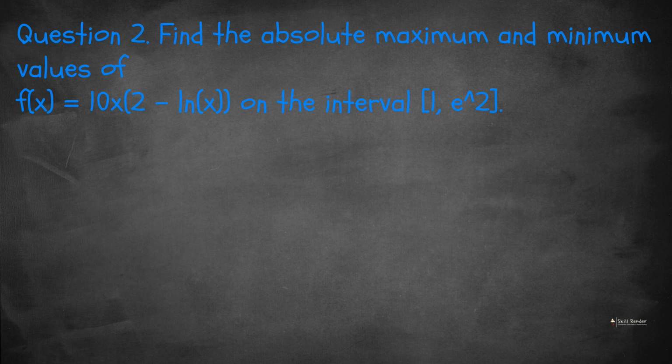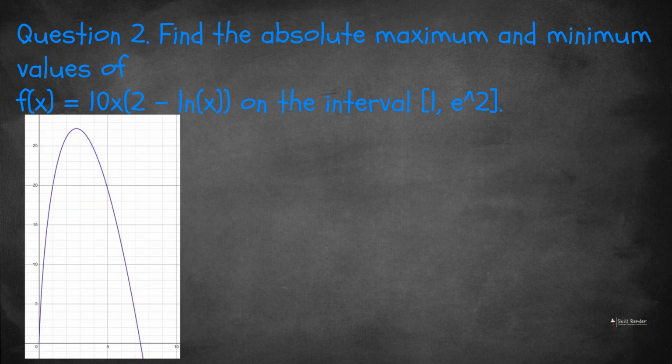Question 2. Find the absolute maximum and minimum values of f of x equals 10 times x times 2 minus the natural log of x on the interval 1, e squared. On this graph, it is more difficult to definitively say where the maximum lies. Let's follow the steps to ensure where our endpoints and critical points are to reveal the absolute extrema.